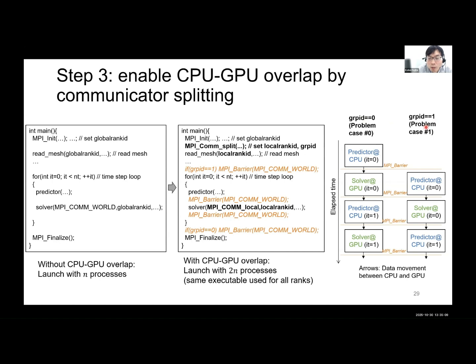When both sets come to the MPI barrier, they move to the next step, and the solver on the GPU and the predictor on the CPU are computed. When both are finished, the MPI barrier is passed and they go to the next session as well. So as you can see, the main part of the code can be used from the normal CPU or GPU computation.